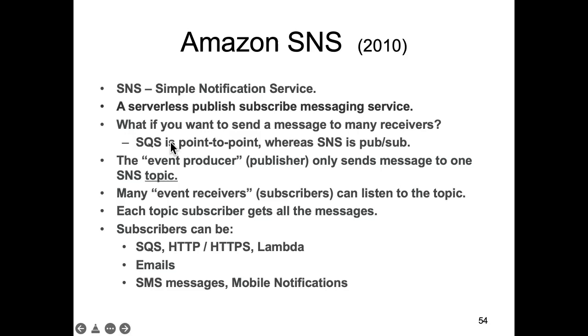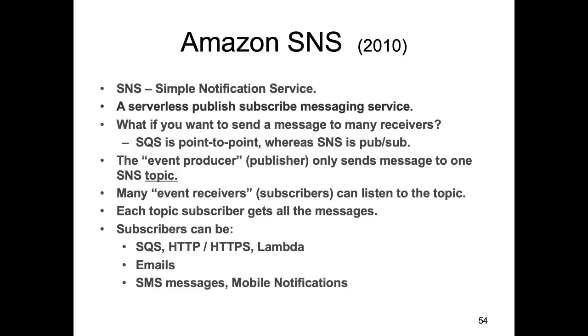We have an entity that writes messages to SNS, and then we have entities that read messages from SNS. The writer, or the event producer, is referred to as a publisher, and the entities that are reading the messages and processing them are referred to as subscribers. And hence we have the term pub/sub, which is an abbreviation for publisher subscriber.